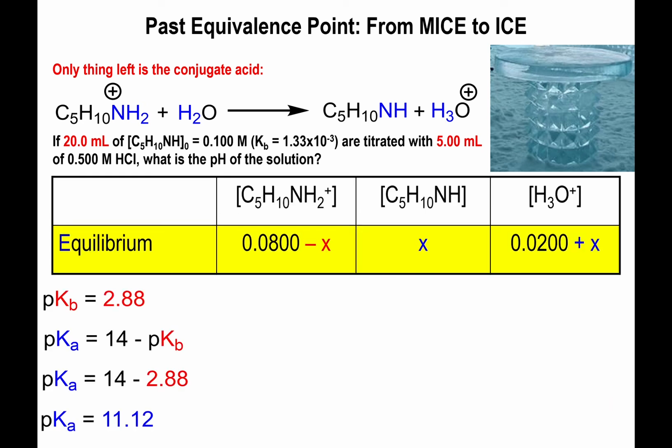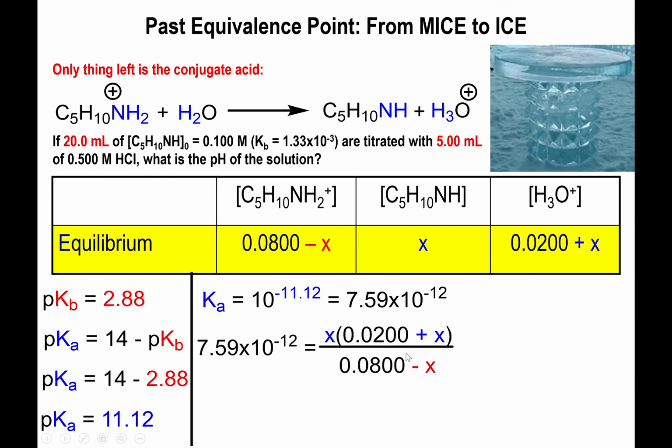Inputting all of these values in your equilibrium expression, and remembering that this is the acid dissociation, implying that you have to use the value of the Ka, you have x times 0.02 plus x divided by 0.08 minus x. 0.02 divided by the value of the Ka, or 0.08 divided by the value of the Ka, yield values that are way higher than 400.